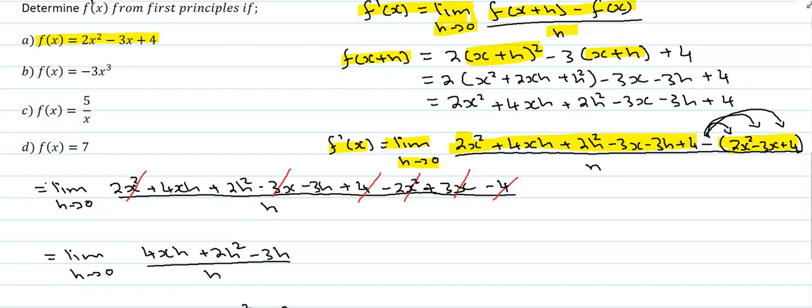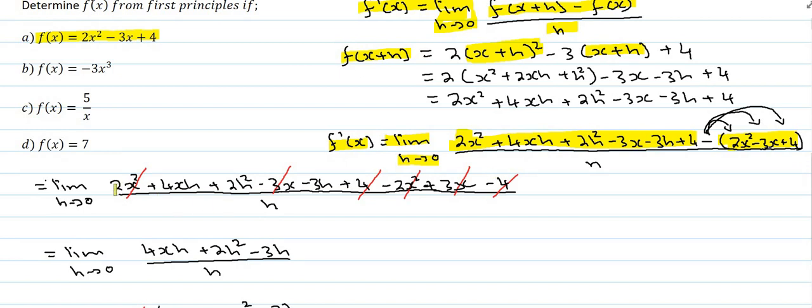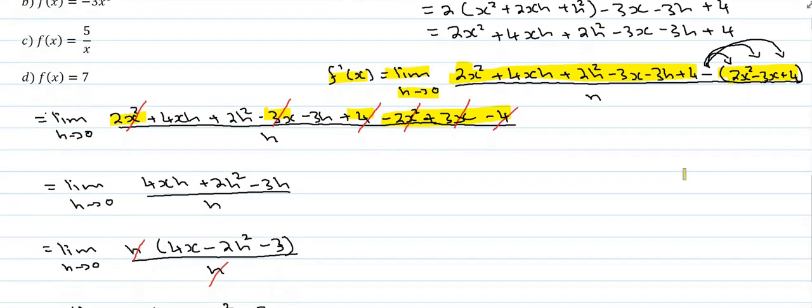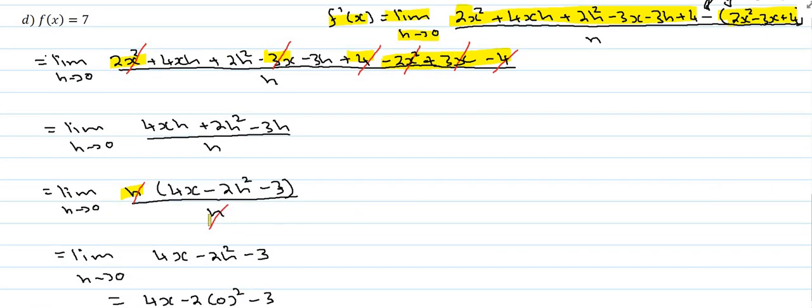And again, remember, as I've said, the values of f of x must cancel out. If they don't cancel out, it means you made a mistake somewhere. You must go and double check. After f of x has cancelled out, you will be left with each term having h on the numerator. Then you take h out as a common factor, and h will cancel out h on the denominator. You will be left with 4x minus 2h squared minus 3.